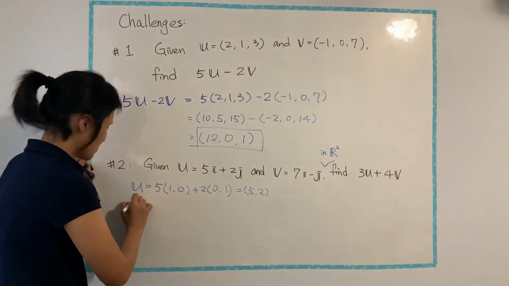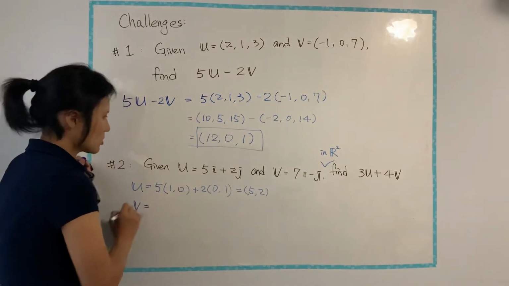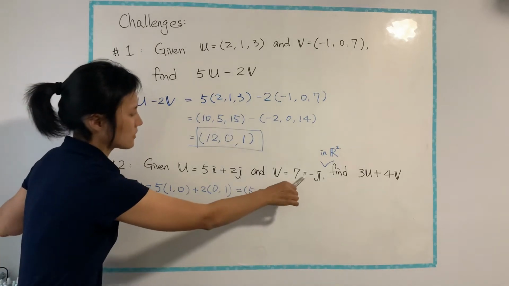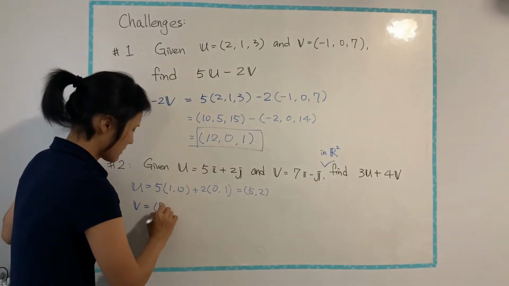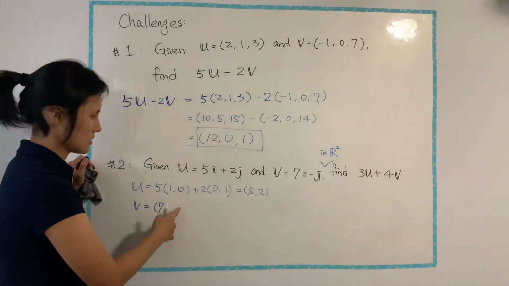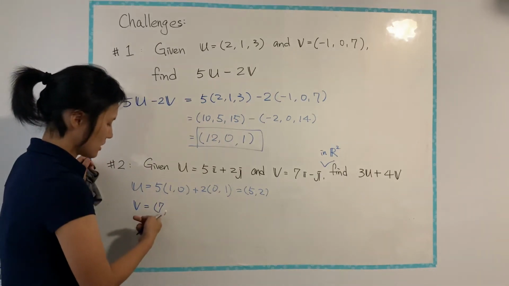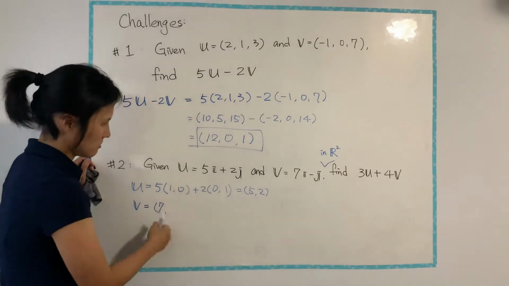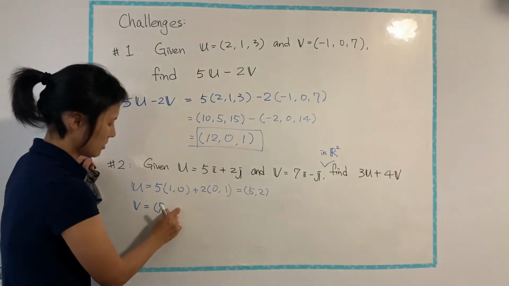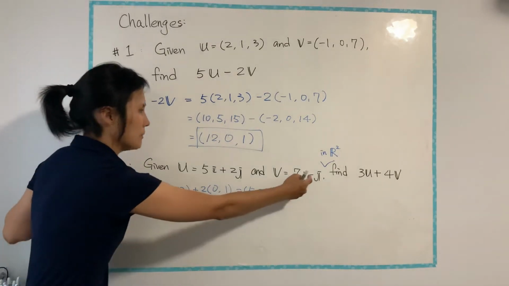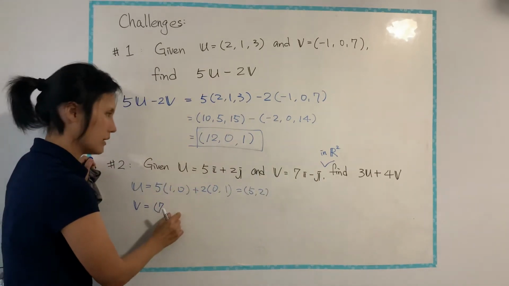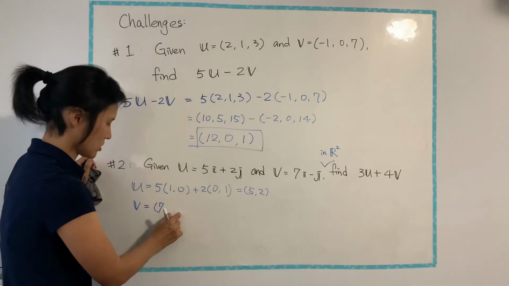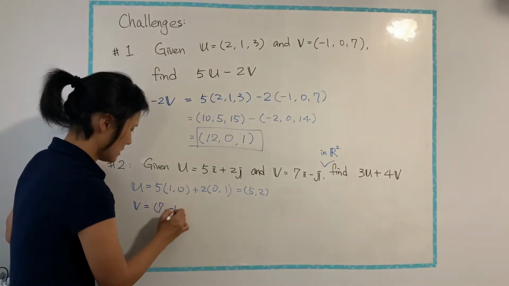So v, by the same token, 7 times i means 7, 0, because except the x direction, everything else is 0. Right now I only have the y component, so I have 0 here. And minus j is 0 in the x direction and 1 in the y direction, so minus 1 here.